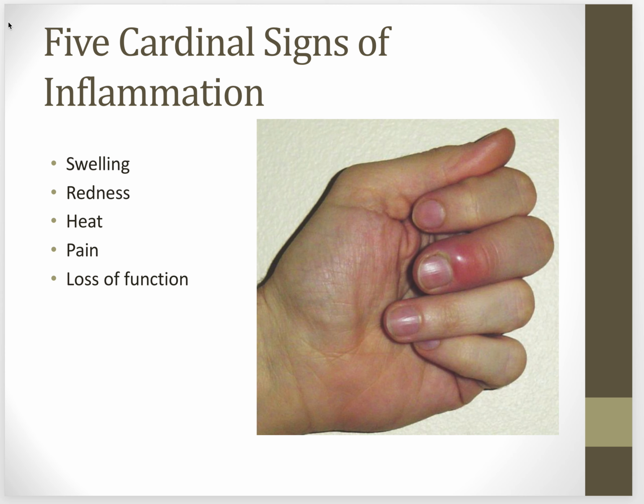So going forward, we'll go through the 5 cardinal signs of inflammation. And as you see in this picture, this person here has a little hangnail that has become inflamed. So you see some redness and swelling, and we can see that the finger is very swollen because that shininess there is letting you know that the skin is being stretched and it takes on this different appearance of being shiny. We can also see some fluid forming at the nail bed there.